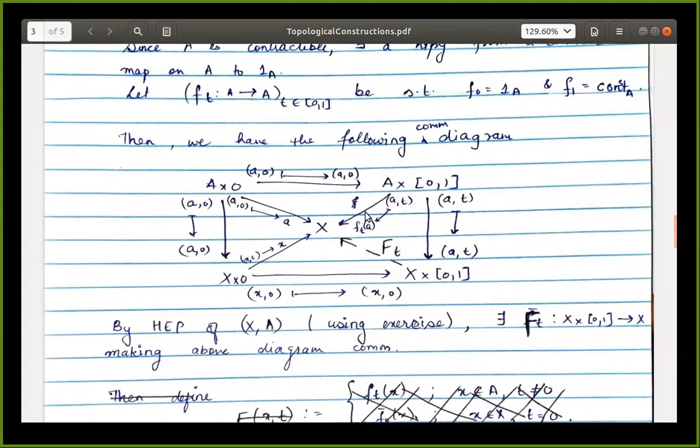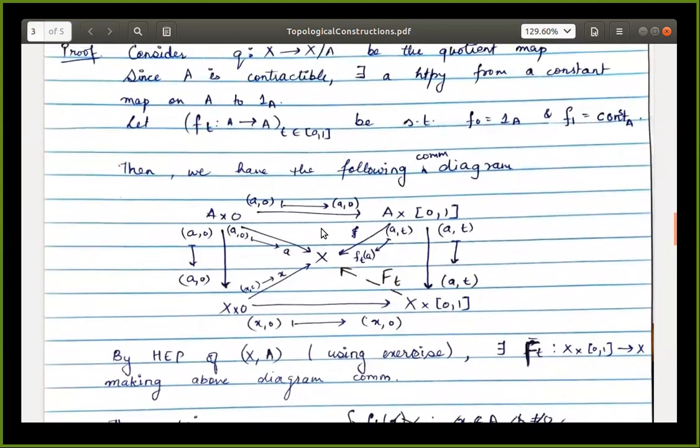So what you are saying is that this is a commutative square which has maps from A cross [0,1] to X and X cross 0 to X. And since X and A both are simplicial complexes, A is a subcomplex of X, as in A and X both are polyhedrons of simplicial complexes.